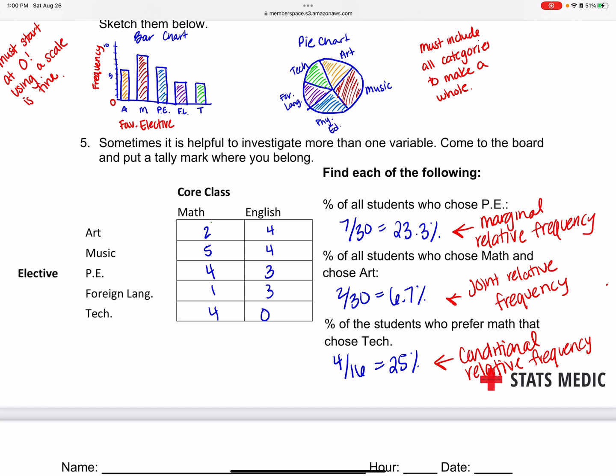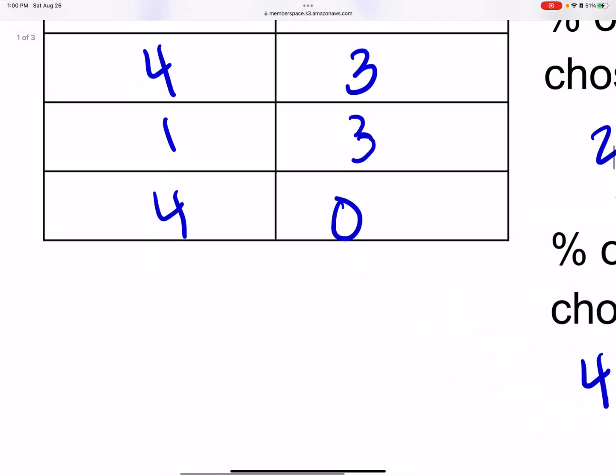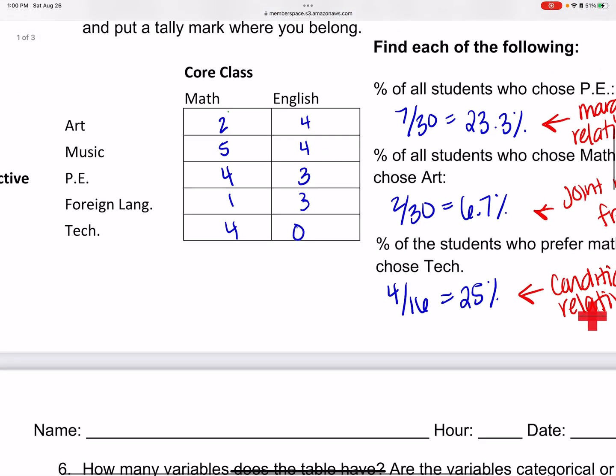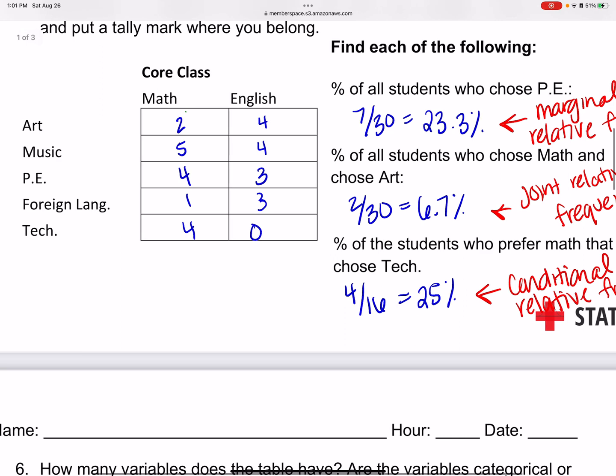So when I look at PE, that is 4 plus 3, which equals 7, so that would be the number in my margin, and there's 30 students, so that is my marginal relative frequency. If I ask you the marginal relative frequency of art, that would be 2 plus 4 is 6 over 30. Music would be the 5 plus 4, or 9 over 30. Foreign language, 1 plus 3, or 4 over 30. And technology would be 4 over 30 as well.